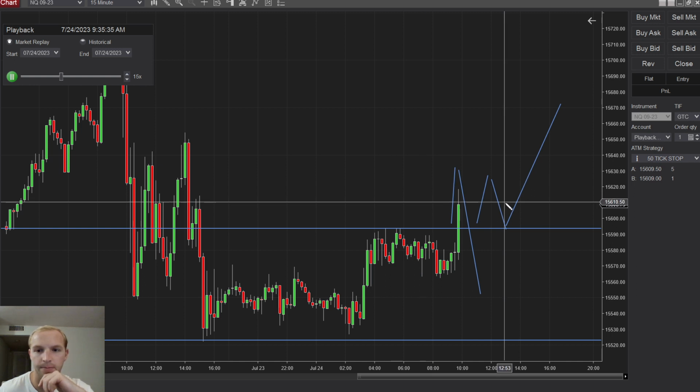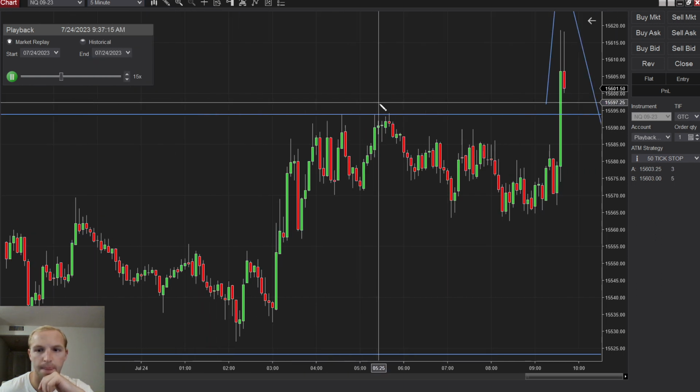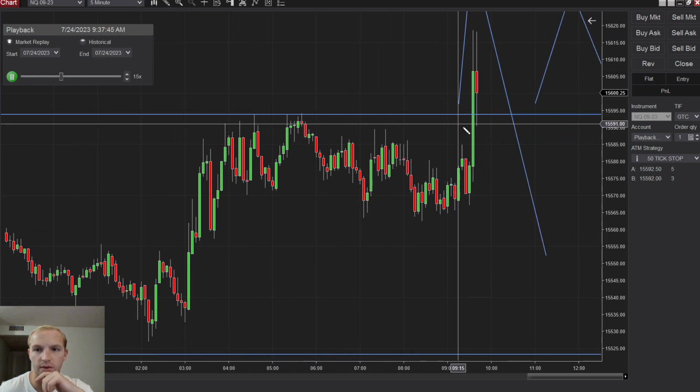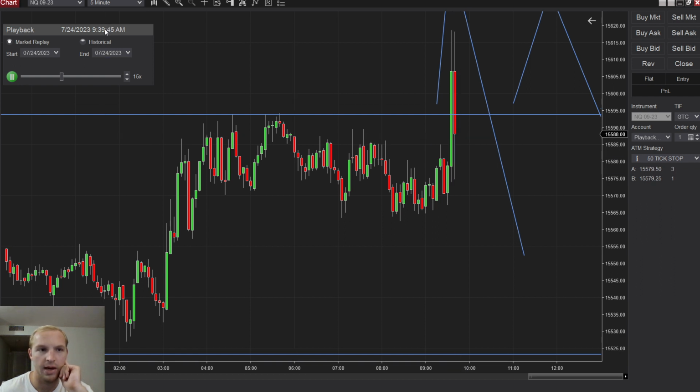Okay, these are 15-minute candles, so maybe we want to drop down to a 5-minute chart. Okay, oh, I see some rejection here. Keep in mind we're right near the open. Okay, so coming back below.